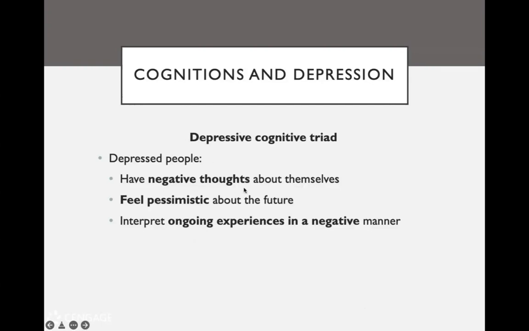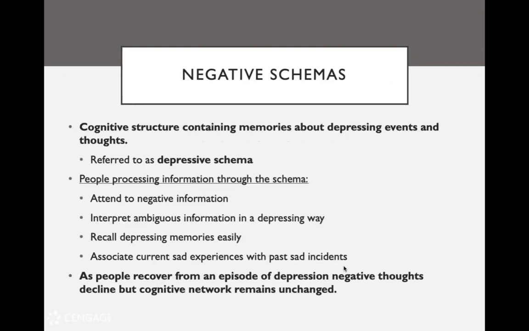Number one, negative thoughts. Number two, feels pessimistic. Number three, they are processing every piece of information in a negative way. And so there's a reason why there are therapies which help people get out of this depression phase. They focus on negative thoughts, pessimistic thinking, and ongoing experiences, all of those facets.